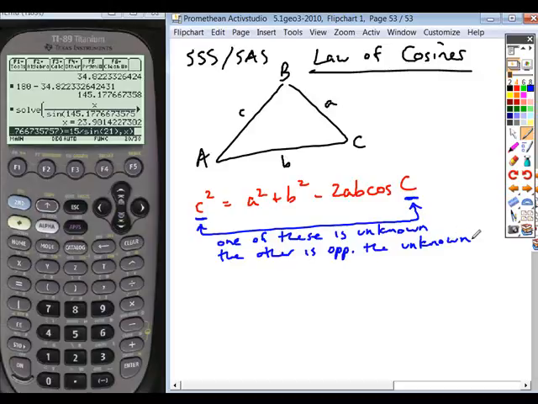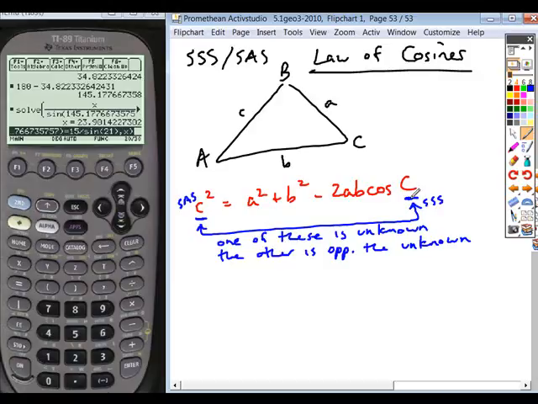So if you're given three sides, the unknown is going to be your angle. If you're given SSS, the unknown is going to be angle C, but you'll start with the side opposite that unknown angle. If you're given SAS, then your unknown is the missing side. You'll have two sides and one missing side. So your unknown will be the side, and then capital C will be whatever information is opposite that unknown side.